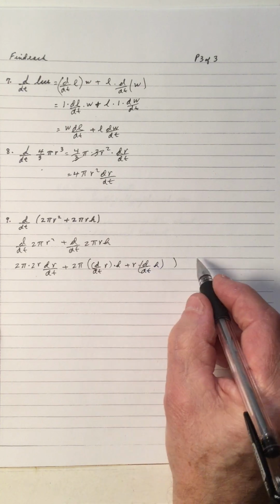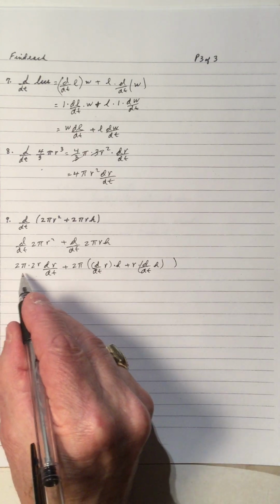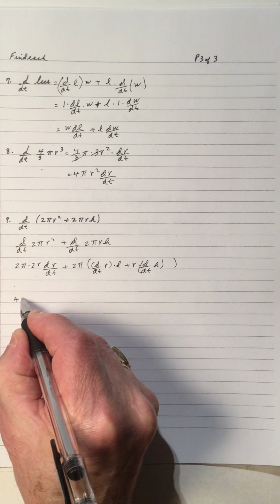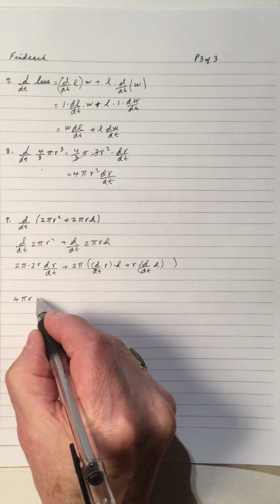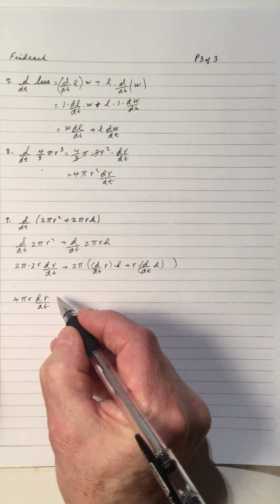To tidy all this up, the derivative down here gives 4 pi r dr/dt.